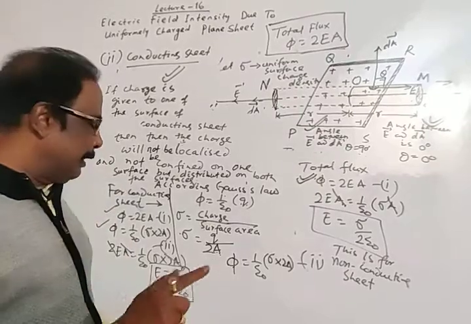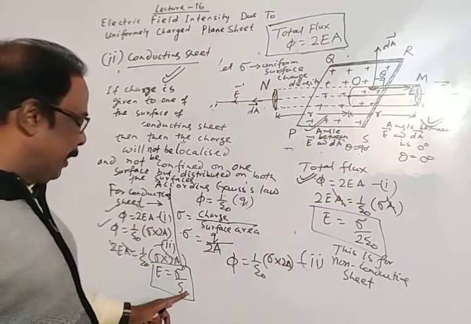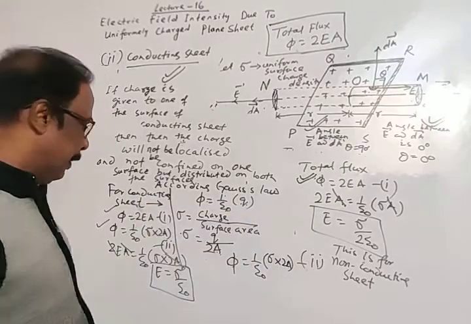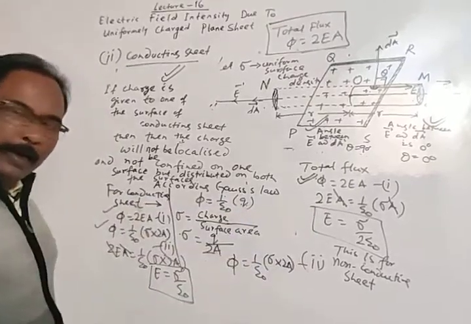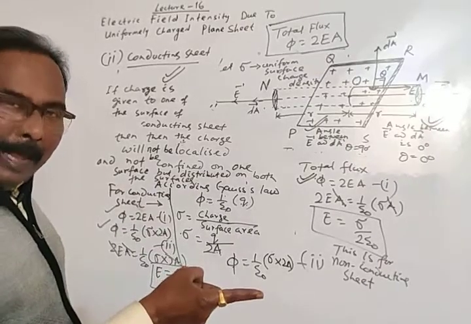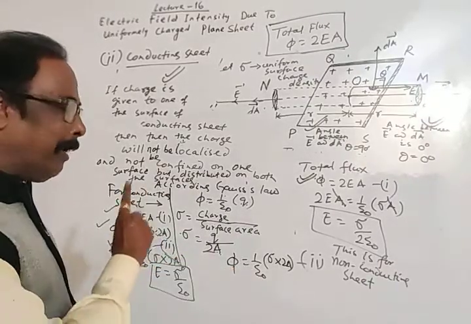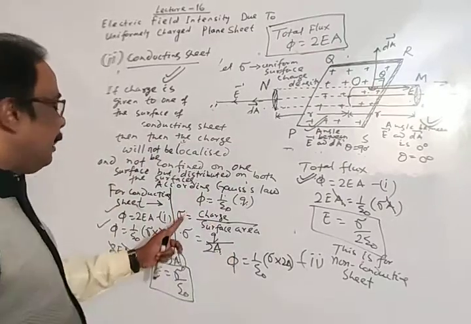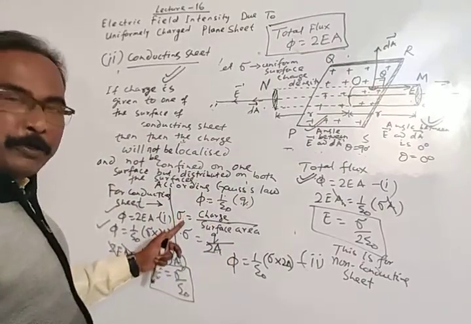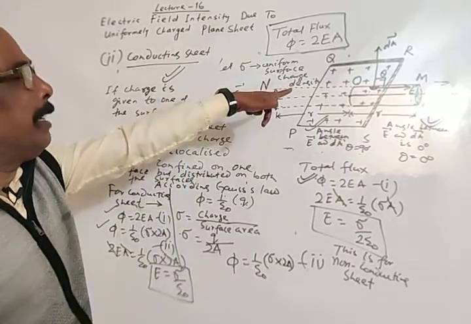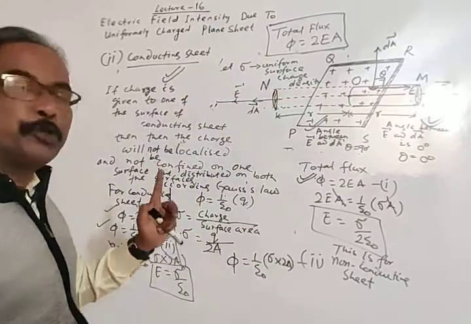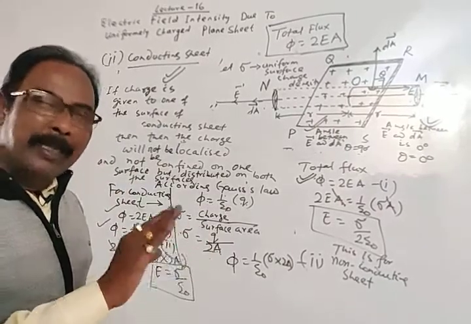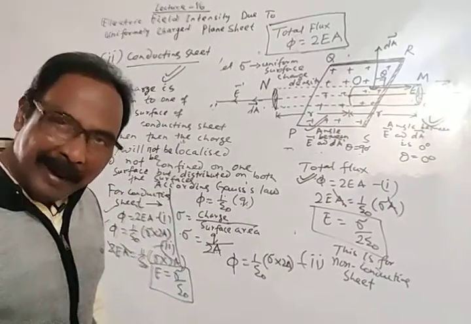In both cases, as we observe, electric field is independent of distance. Here sigma is uniform surface charge density. We have taken positive charge, so sigma is positive. If charge is negative, then charge density is negative.